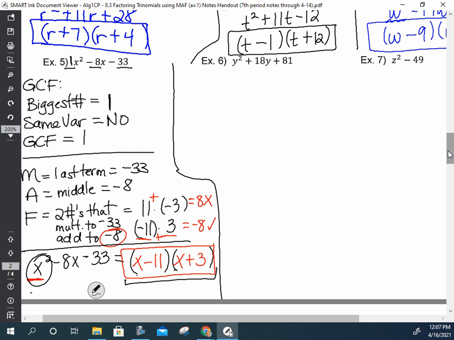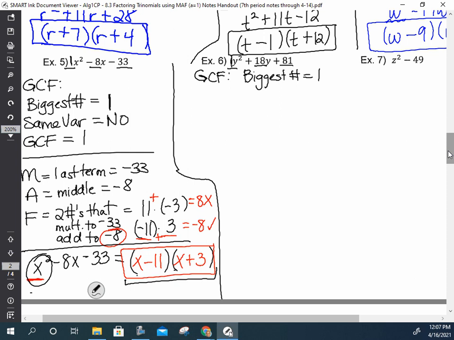All right. Let's do example 6. So example 6, same thing: y squared plus 18y plus 81. Always start with the greatest common factor. So, what's the biggest number that will divide out of 1, 18, and 81? 1.